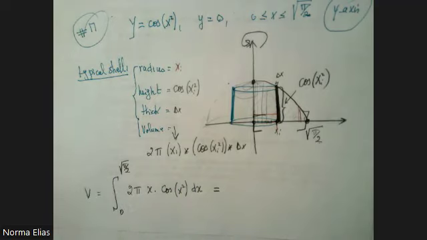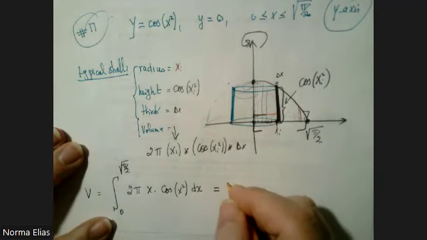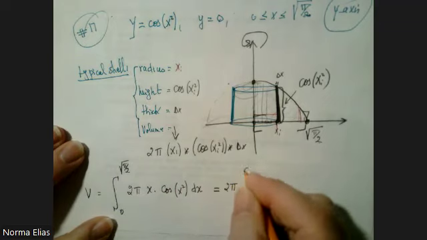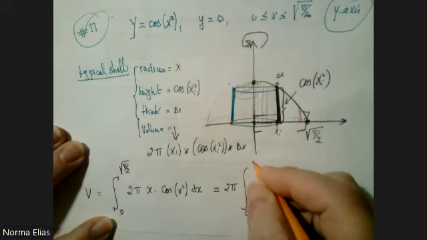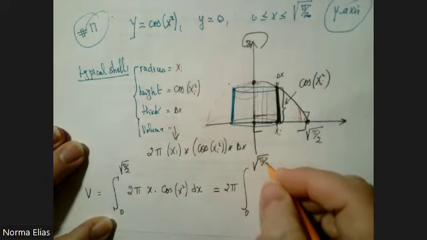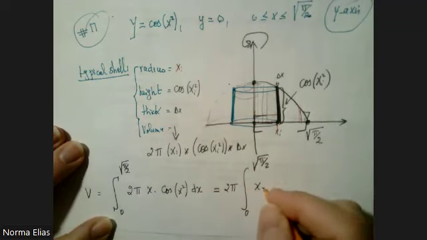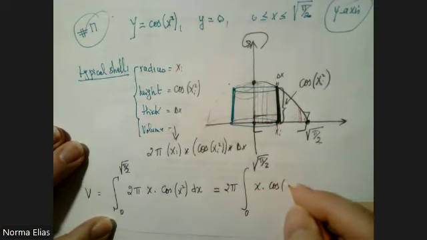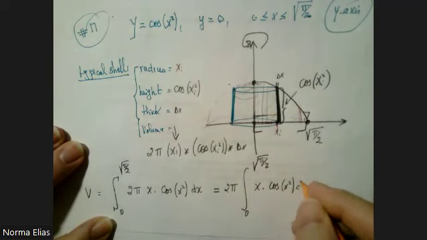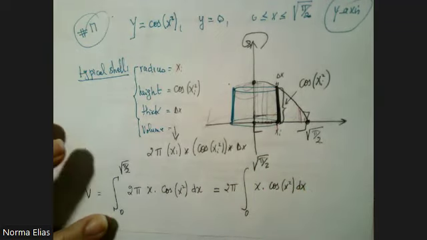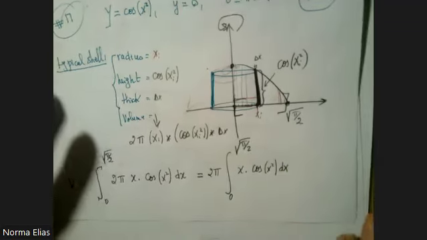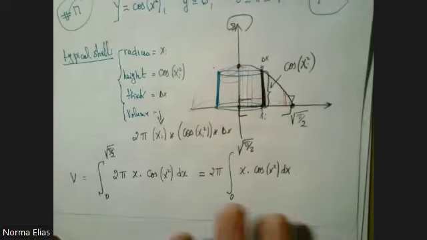And now it's the integral that we have to evaluate. 2 pi is a constant. I take it out. Integral from 0 to the square root of pi over 2 of x cosine x squared dx.